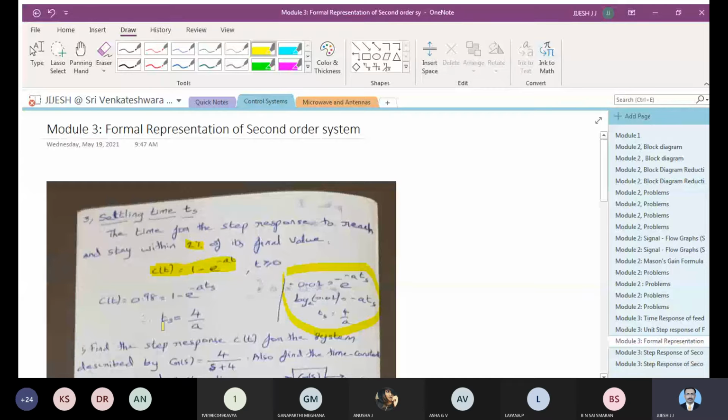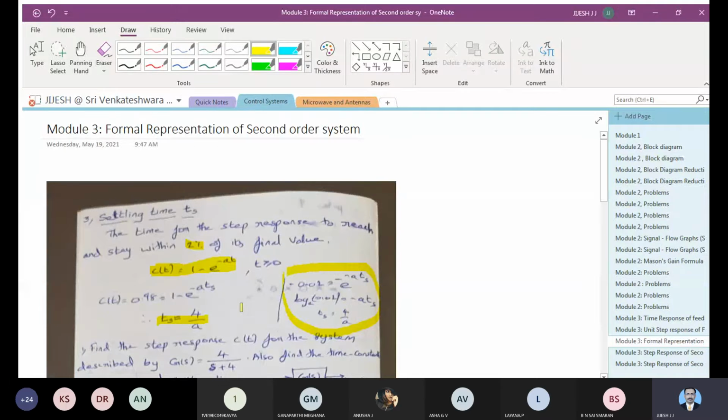Here is the simplification. You have to take the equation c of t is equal to 1 minus e to the power of minus a t. Substituting c of t as 0.98 is equal to 1 minus e to the power of minus a t, and we have written Ts because of settling time. So let us do it with logarithm.